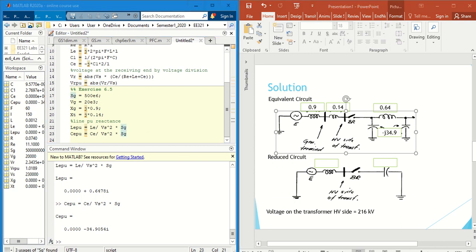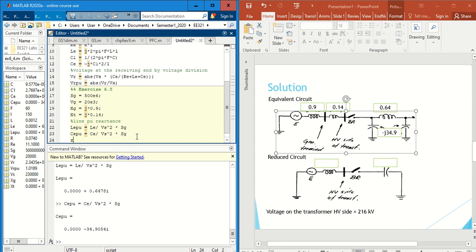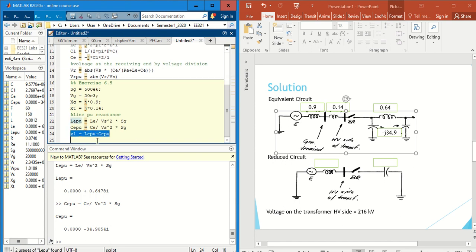Let's continue. Let's do the first part. As I said, Z1 will be equal to the L per unit plus C per unit, because we have defined CE. So what do you get? We get 0.64 plus minus j 34.9, that is, 34.25 minus j. Now let's put it in parallel. We have found this plus this is equal to minus j 34.25.